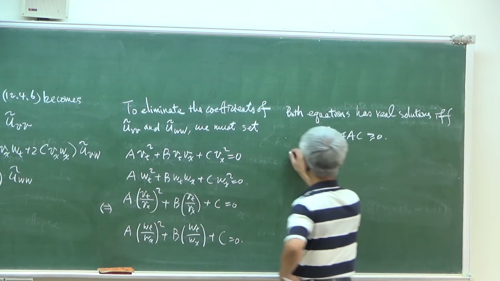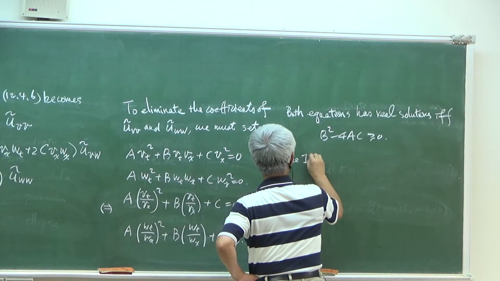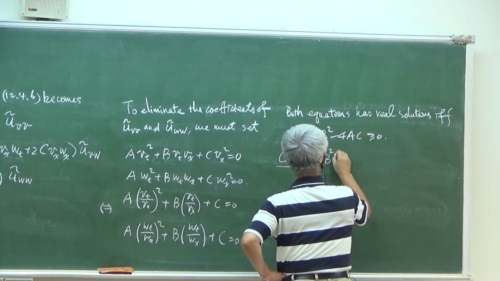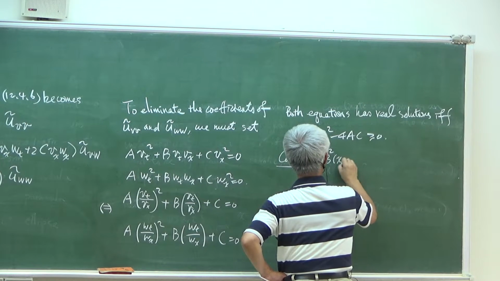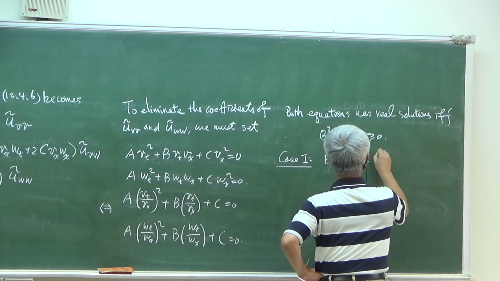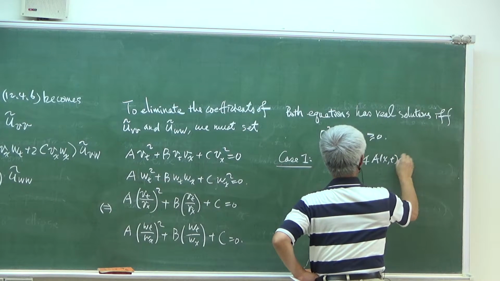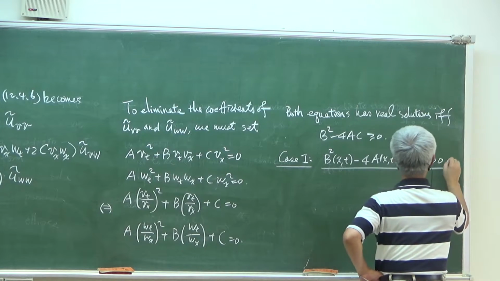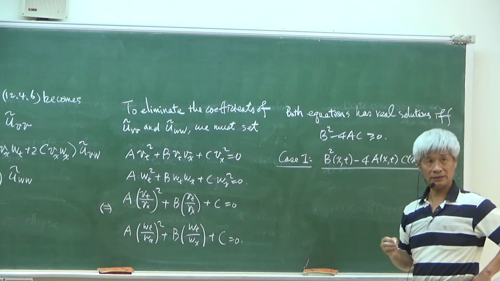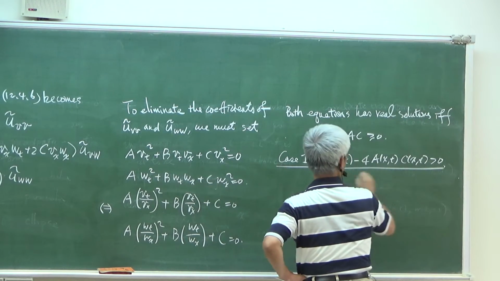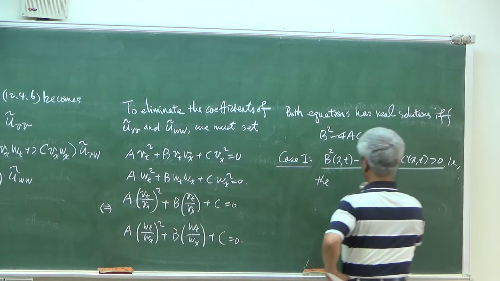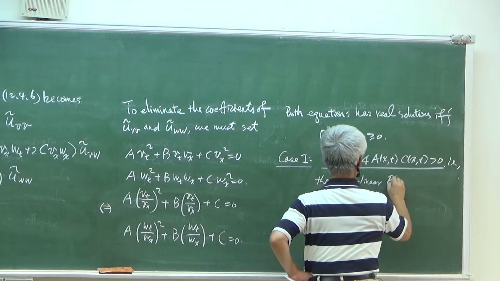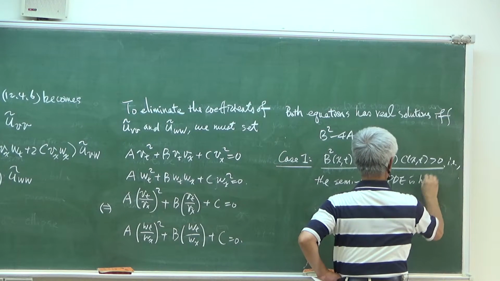Okay, so case 1. B square minus 4AC greater than 0 means that the semi-linear PDE is hyperbolic.